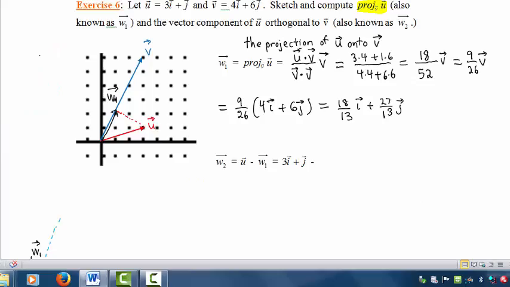Now the vector component of U orthogonal to V, also known as W2, is the following. And so you can see from this that W1, the projection vector, plus W2, the vector component of U orthogonal to V, what does that give you?